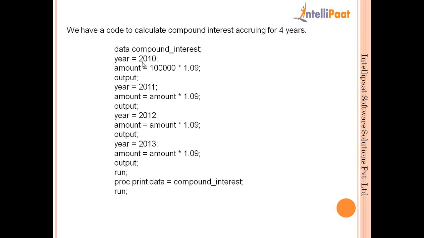It is just that the condition for year 2010 is different, but the condition given for 2011, 2012 or 2013 is the same all across. At the end of the program, we are just printing the data set, which is compound underscore interest.